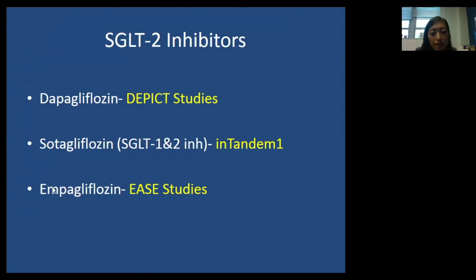I've listed here some of the bigger studies that have been done. So dapagliflozin was studied with the DEPICT study, the sotagliflozin, which is a bit special in that it inhibits both 1 and 2 receptors, SGLT1 and SGLT2 receptors, was studied in inTandem 1. Empagliflozin was studied in the EASE studies.